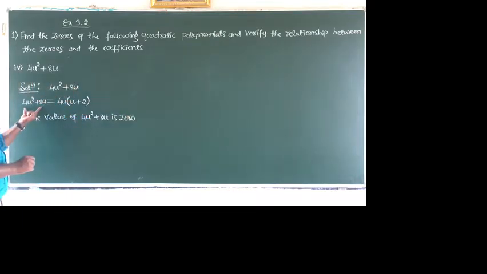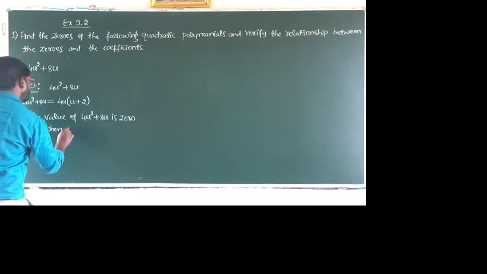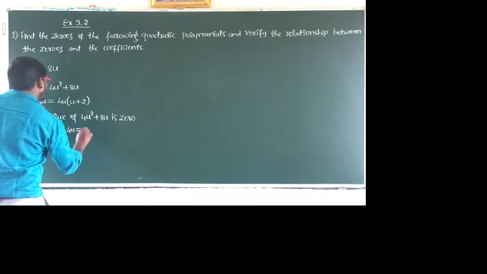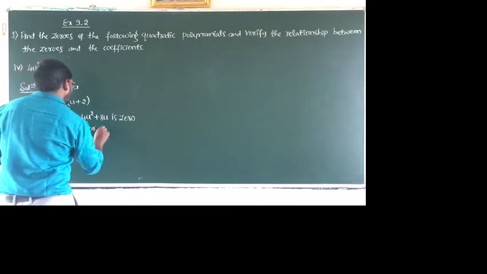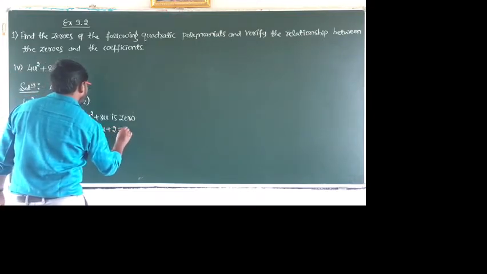So this becomes 0 when 4u into u plus 2 is 0, that is, when 4u equal to 0 or u plus 2 equal to 0.